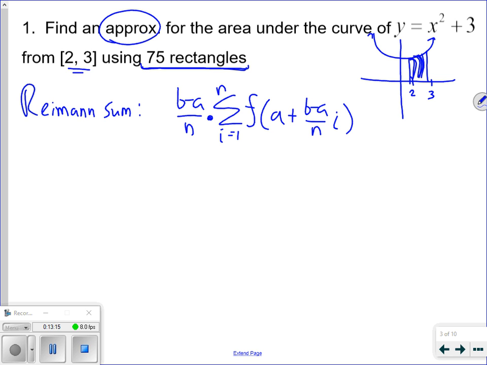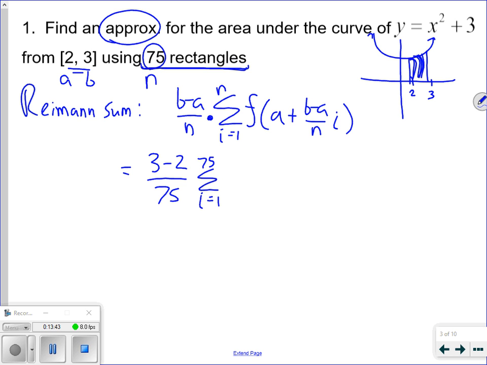Well, let's plug in all the values. 2 is our A value, 3 is our B value, 75 is our N value, and I believe that's all we're going to need. So let's see what we got. The approximation is going to be 3 minus 2 over 75, so B minus A over N, times the summation i equals 1 to N, where N is 75.